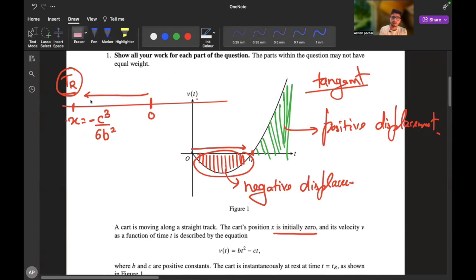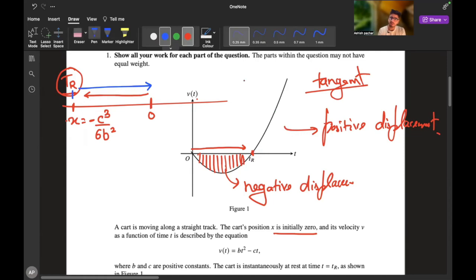They are expecting that when it comes back to the original position, after tr, as it starts moving, this is the positive displacement, and the one below is the negative displacement. So somewhere here the position becomes 0, because this is negative and this has to be positive.